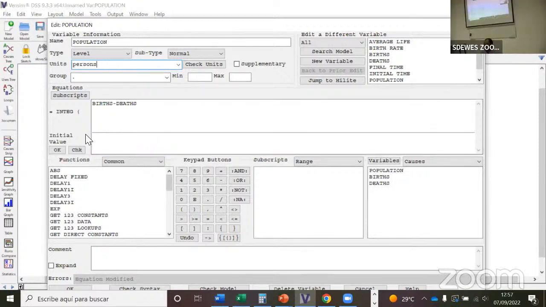For any kind of integral, we need the initial value, isn't it? So we need to introduce the initial value here. How is the world population today?